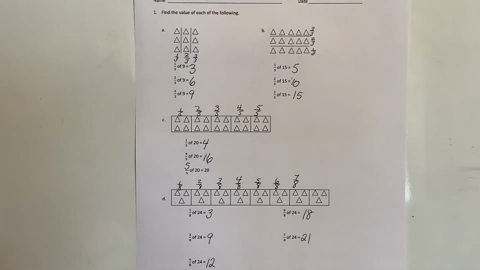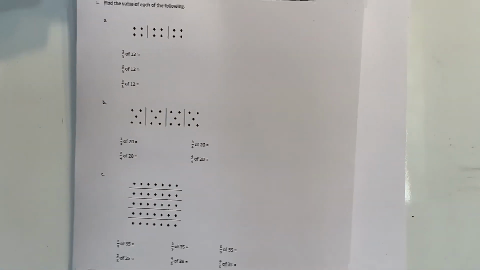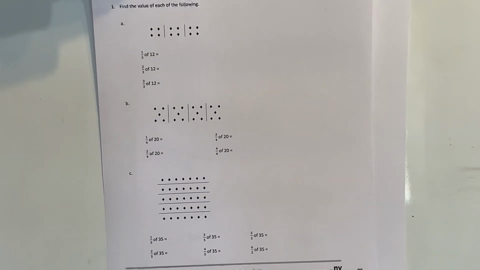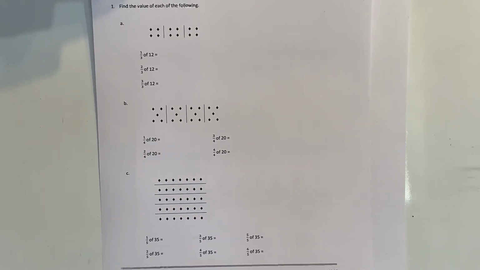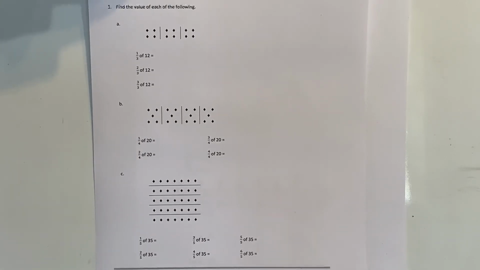Now, if you have any questions, then just let me know, email me. But I do want you to try a paper. The paper looks like this, and there aren't very many problems. You'll bring that back tomorrow, and we will go over that together. So use the counters in order to figure out the answer.